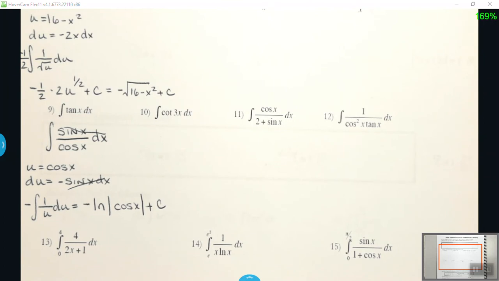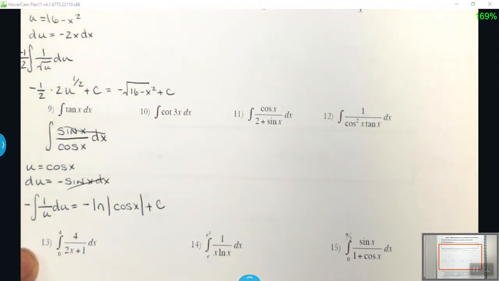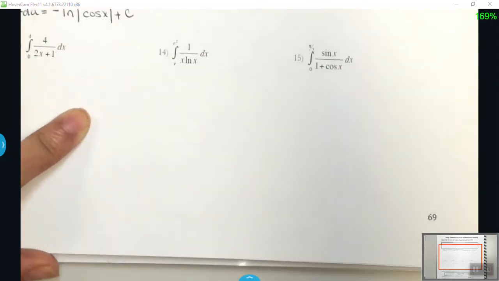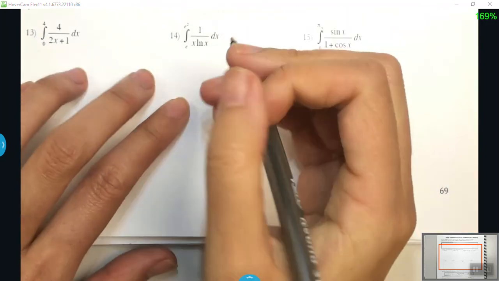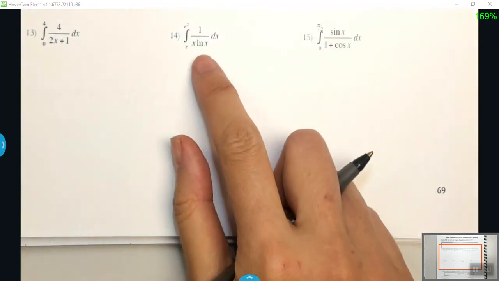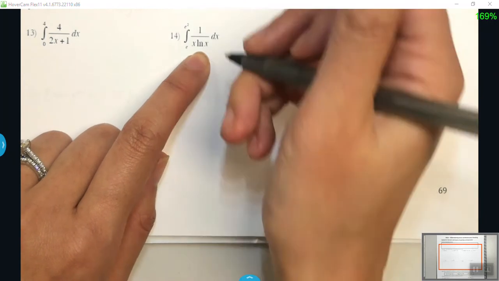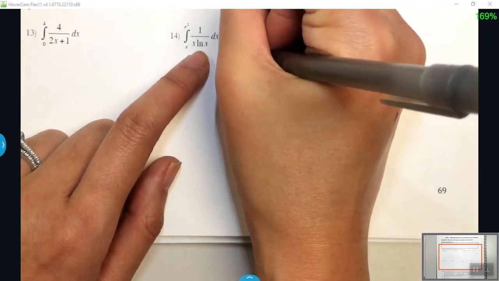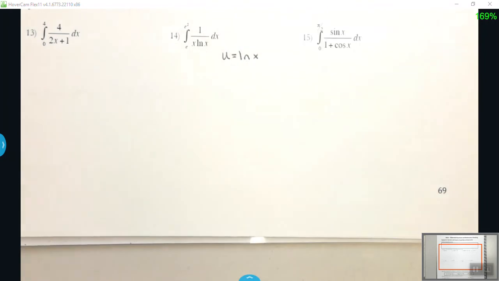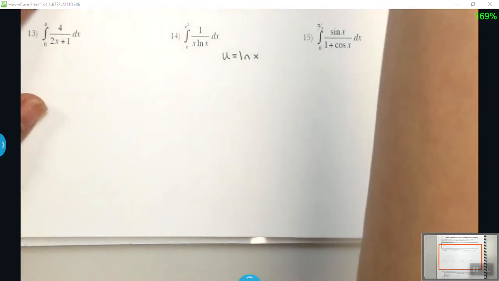All right. Let's do one more. Let's do 14 together, and then I'm going to have you do some on your own. So 14, in this case, if I see a natural log in my equation, that's what I'm probably going to make u, because I know the derivative of natural log x.